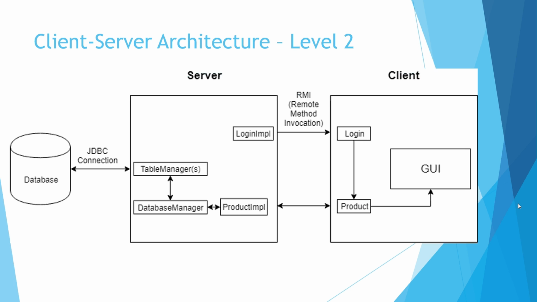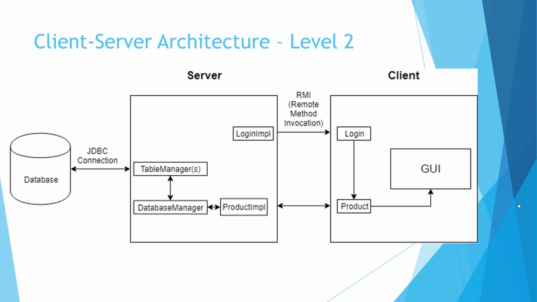This class will be passed to the client using this RMI, and basically once the client is logged in successfully, once it's verified through the database, the client will be passed a product interface. So there's a login interface and there's a product interface that the client has access to, and the actual implementations are on the server side.